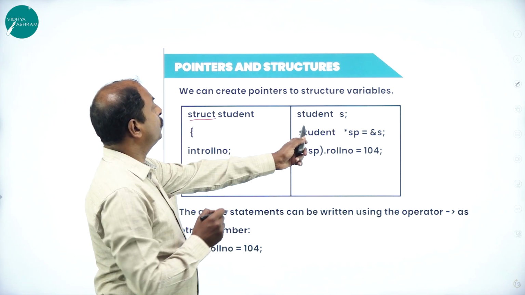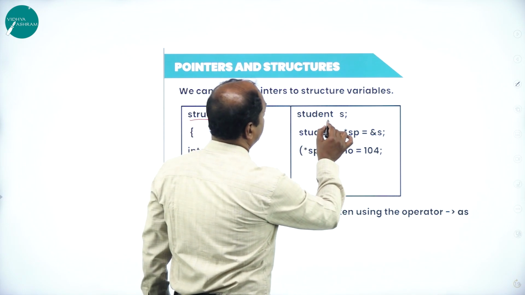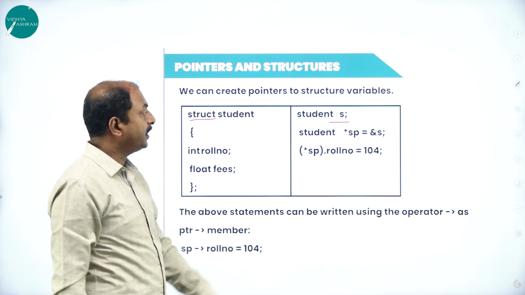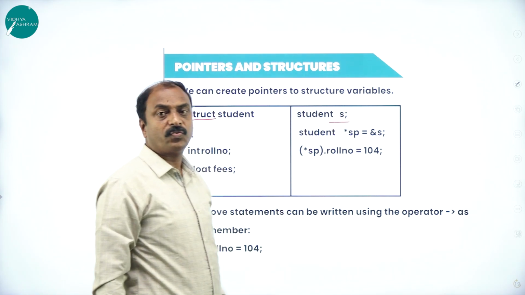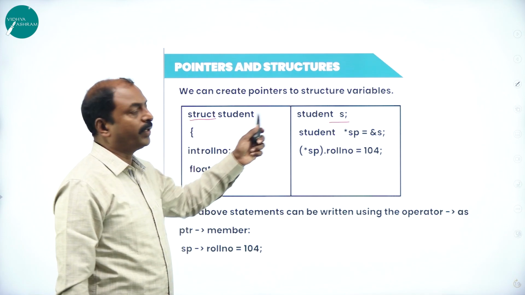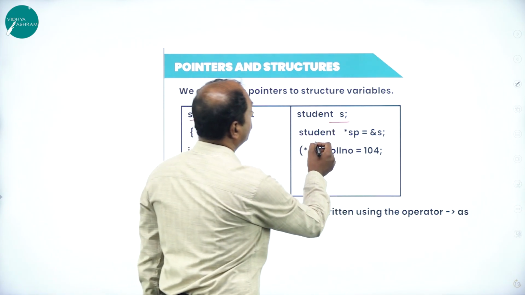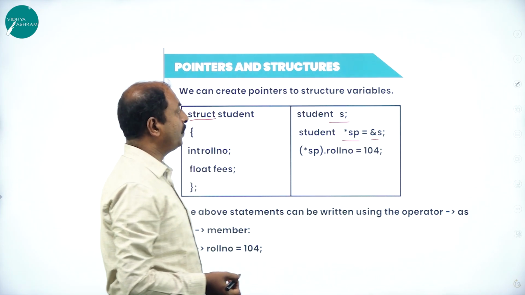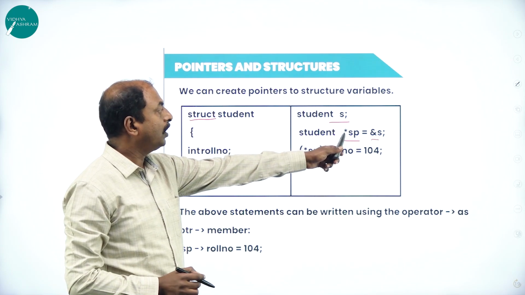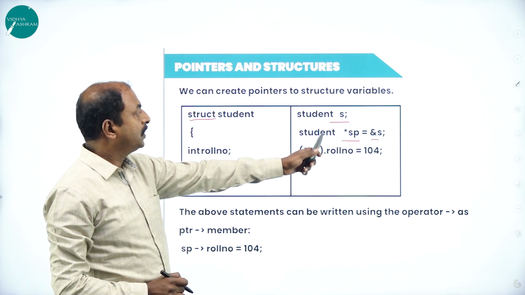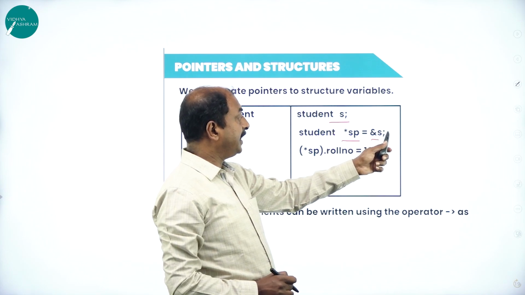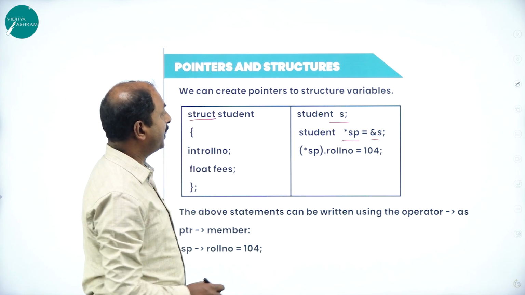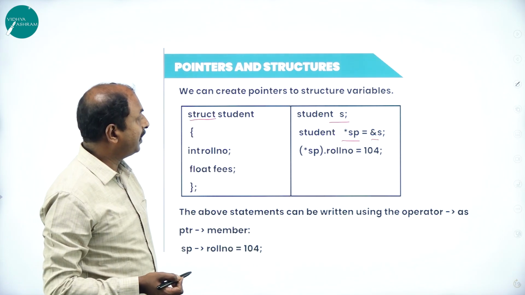Now let us say student S, this is your structure variable. So student is the name of the structure, and here S stands for a structure variable. Next one, student star sp equal to ampersand S. Now you know what star sp is. Star stands for a pointer variable, star sp, and ampersand stands for the address of variable S. Next, how do we access the structure member here?